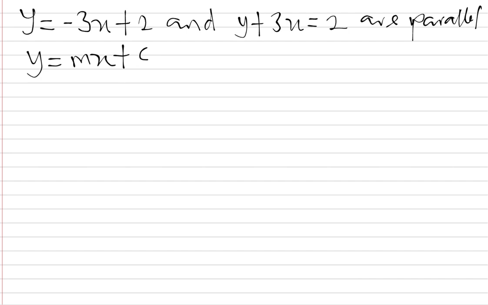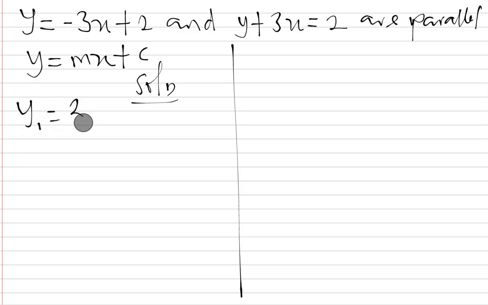All right. So from here, our solution. If you look at our solution here now, we have the first line. Let's call it y1, which is -3x plus 2. Now from here, what is our gradient?